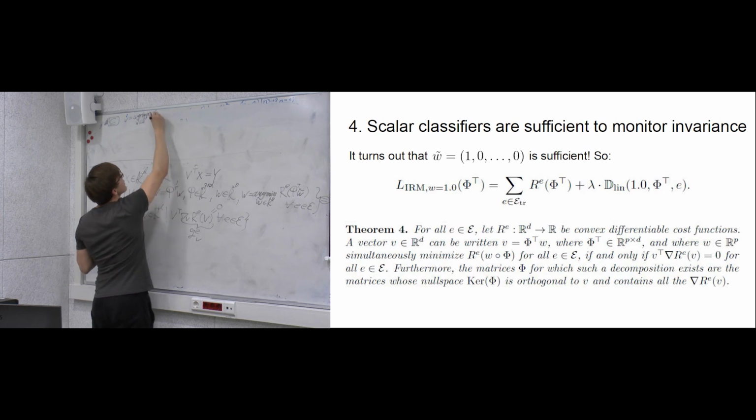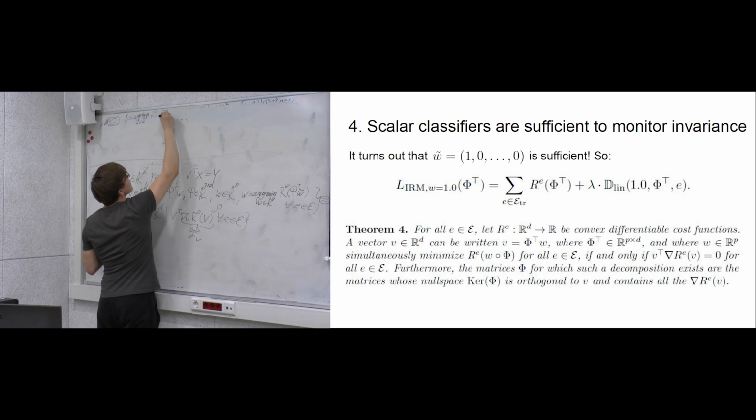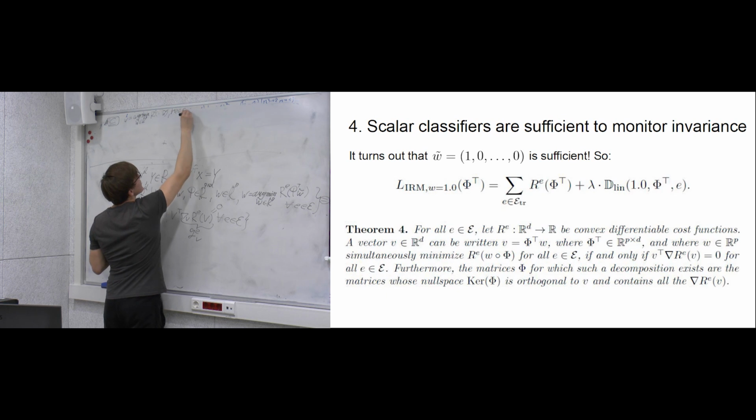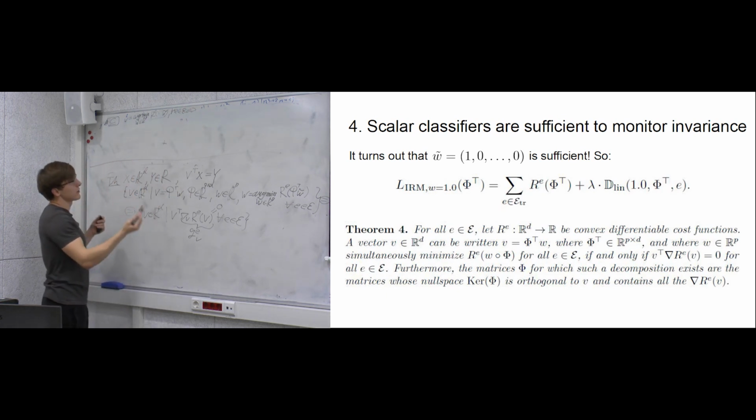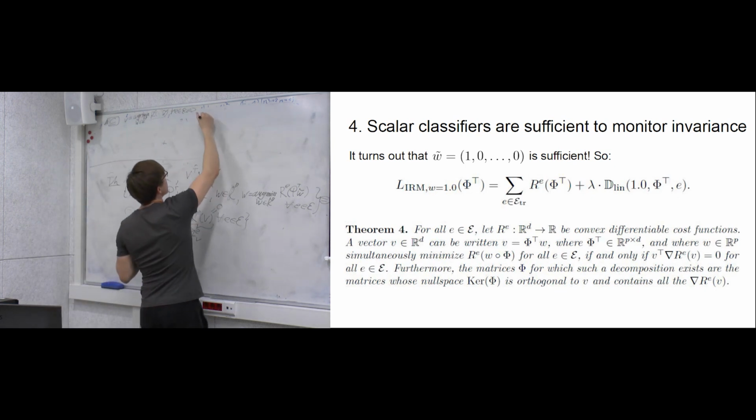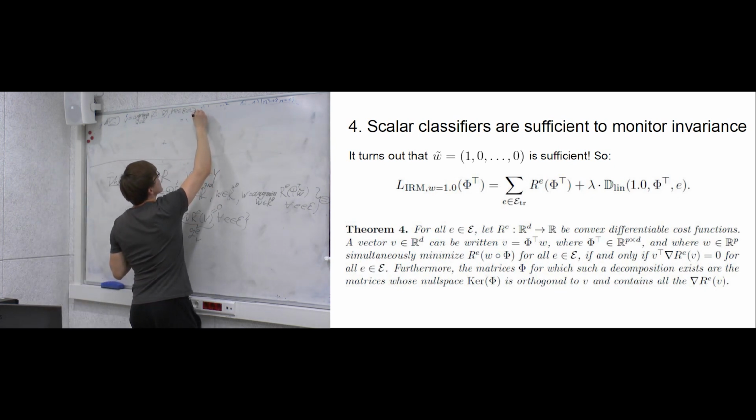Basically, we assume that our risk is convex, so we can rewrite that in similar gradient manner.